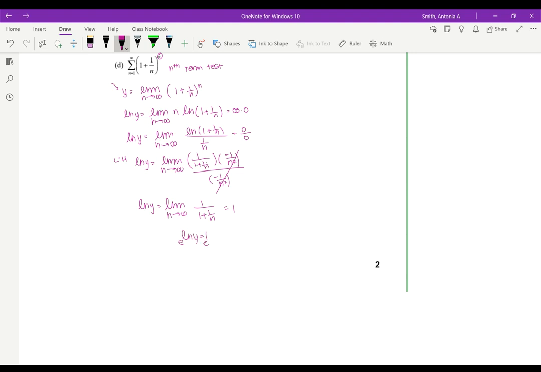Raise e on both sides, so y equals e, which is not 0. Okay, so whenever we get a non-zero answer for the nth term test, it diverges. Okay. If you chose to do a different method, make sure you get a diverging improper integral. That would be the only other method, is the improper integral test, okay?